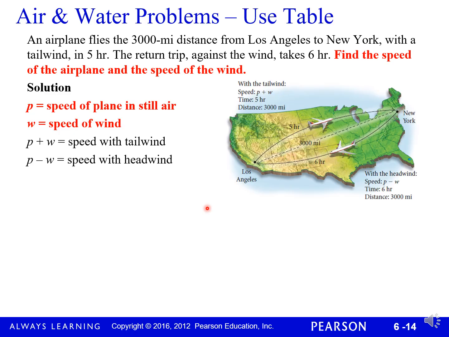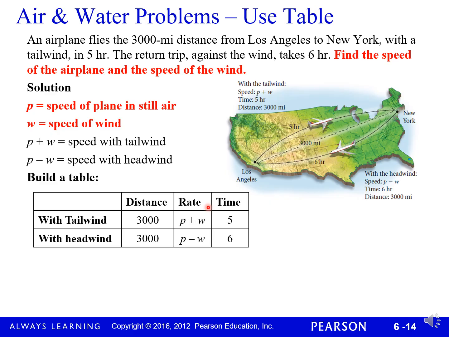So a table can be really helpful here. So we know the distance is both 3,000, because they fly from LA to New York and back, so it's the same distance. The rate, when we're flying there, it only takes us 5 hours, and that's P plus W and 5.